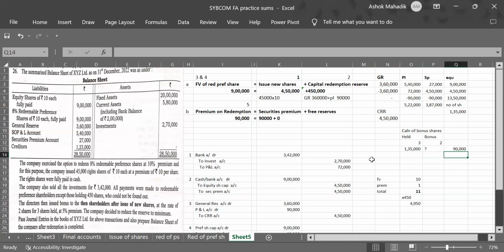Clear, students? So what will be its worth? This is the number and 1 share is of 10 each, right? So into 10 we'll get the value of bonus shares. It will be 9 lakhs, right? I hope you understand this. So the bonus shares value is 9 lakhs. Okay. I'll just remove this small working note.